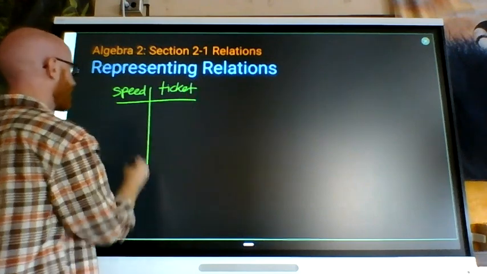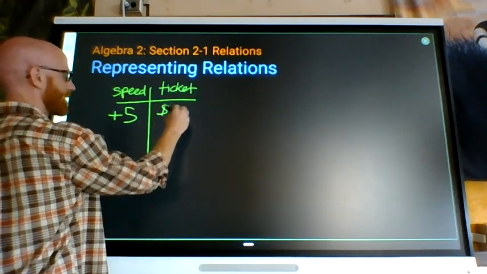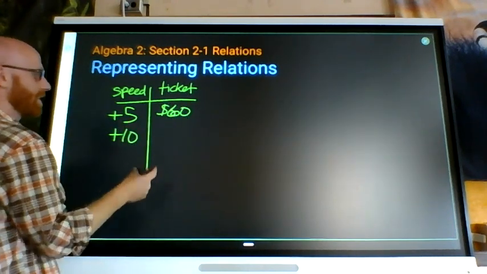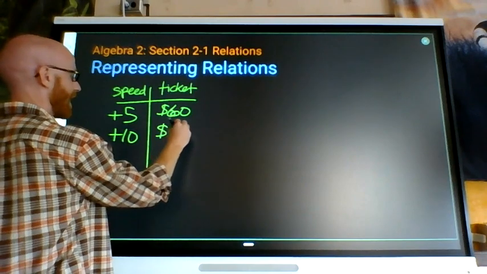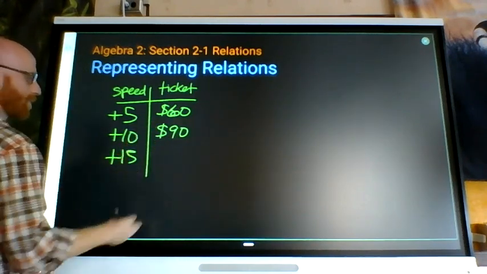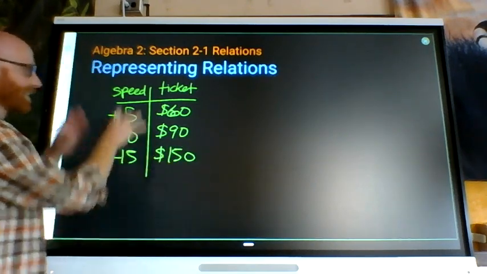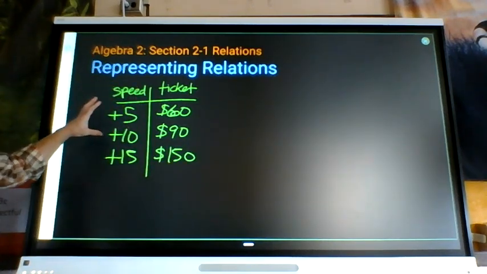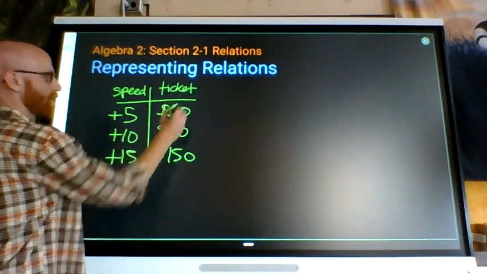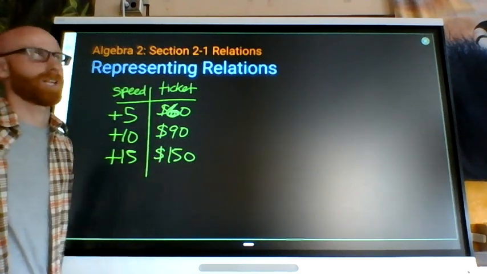If you're 5 miles over the speed limit, you pay $60. 10 miles per hour over, you pay $90. 15 miles per hour over, you pay $150. This table shows connections or rules between speeds and prices.